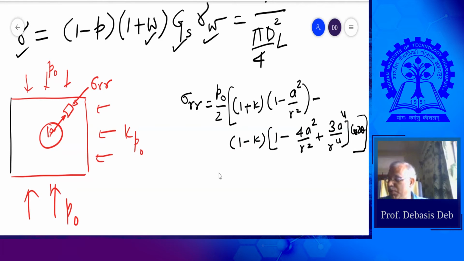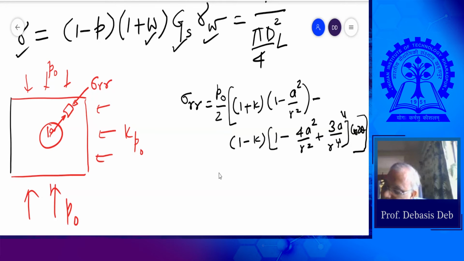The bracket closes, so P naught by 2 is multiplied by the entire thing. This is sigma rr. That is what he said it will be.